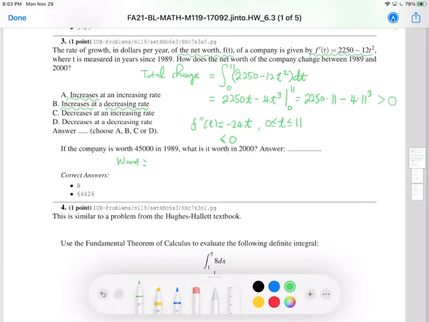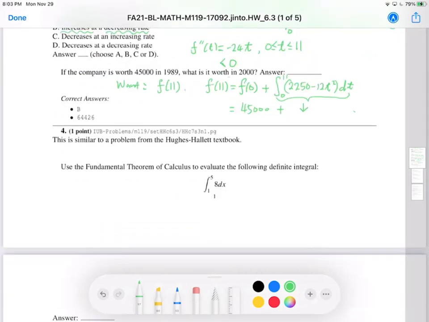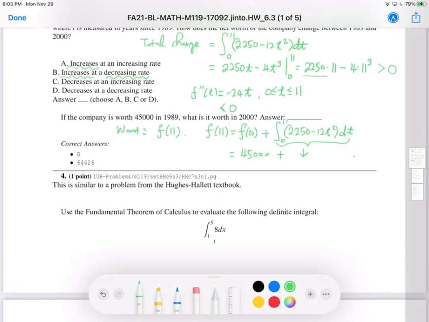So in 2000, we want 11 years after. So f of 11 is the initial worth plus the total change, which is the integral. So f of 0 equals 45,000 plus the value of the integral. Okay. So you can simplify this number.